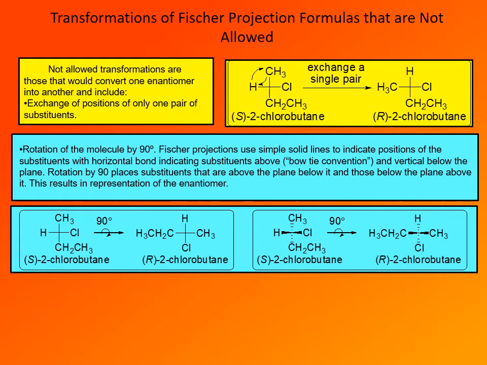Even though that may not be obvious, that's actually what those not allowed transformations do. Or to put it another way, allowed transformations amount to a rotation of the molecule, while not allowed transformations amount to breaking of the bonds.